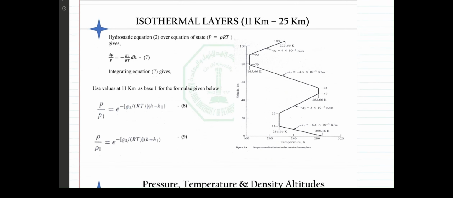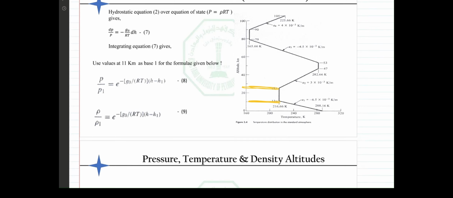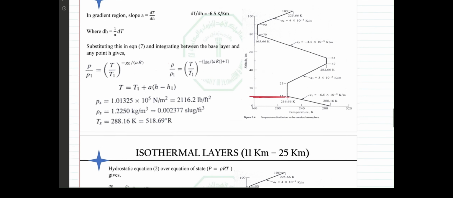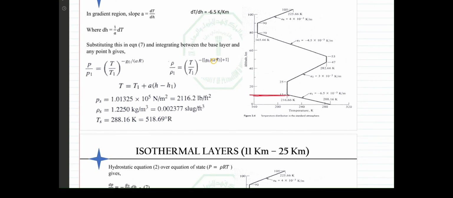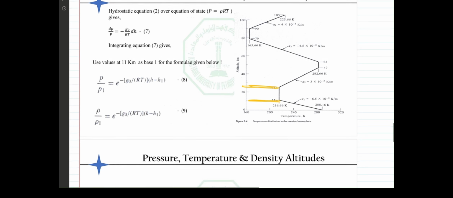And if we go higher than that, from 11 kilometers to 25 kilometers, we have other equations, because there is no a, as you can see here, it is going to be 0. Also a reminder, the value of R here is 287.05, if I recall.